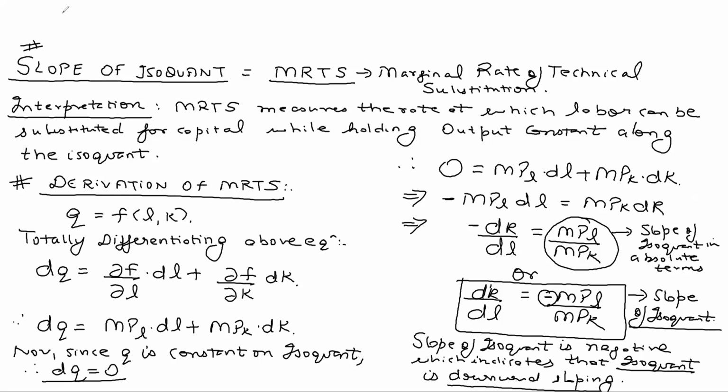So suppose hypothetically my MRTS comes out to be -2. What does this mean?